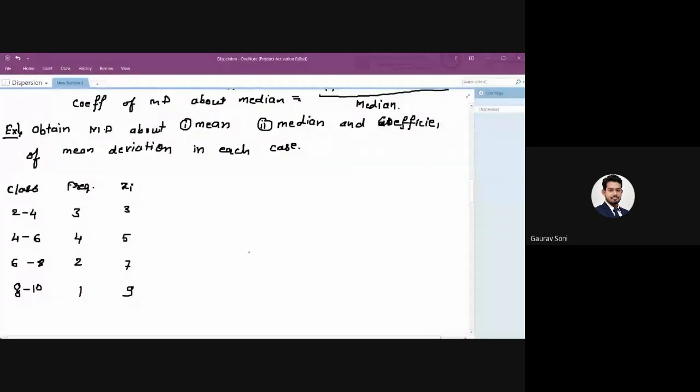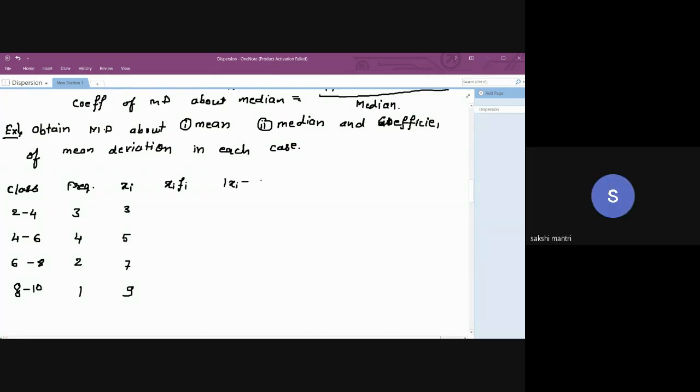xi fi. Exactly. This is for next one. xi minus x bar, mod of xi minus x bar.